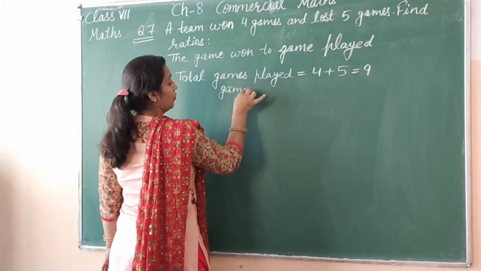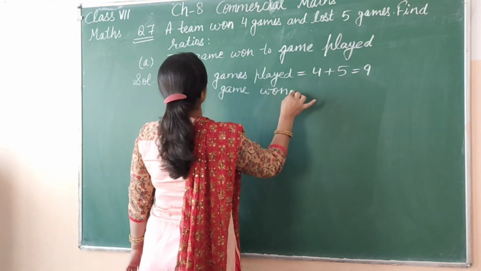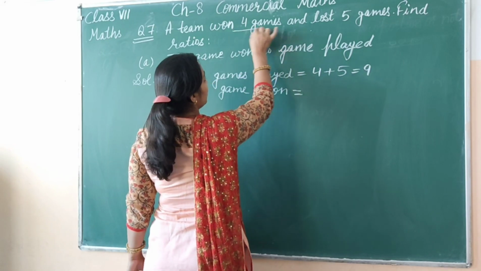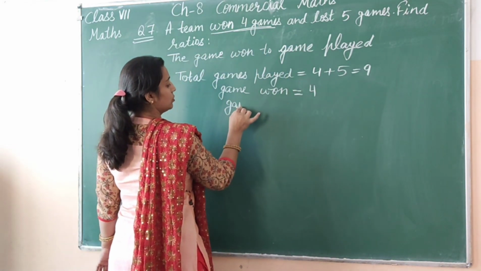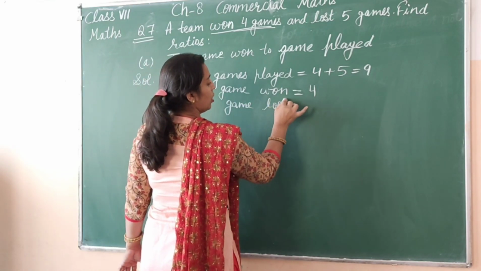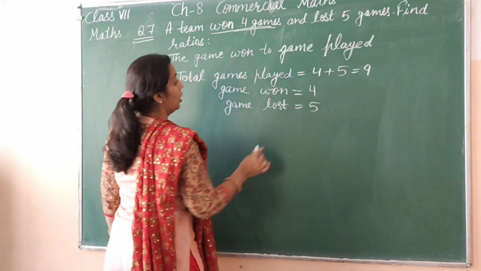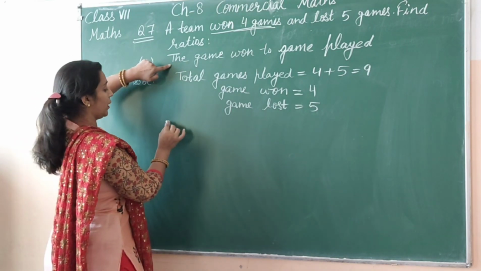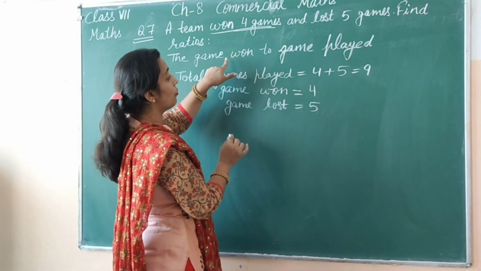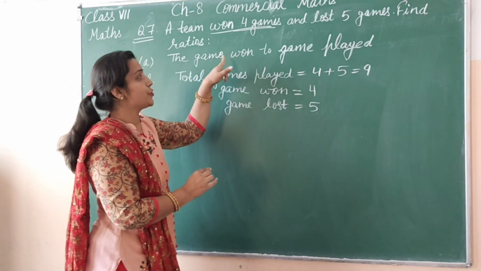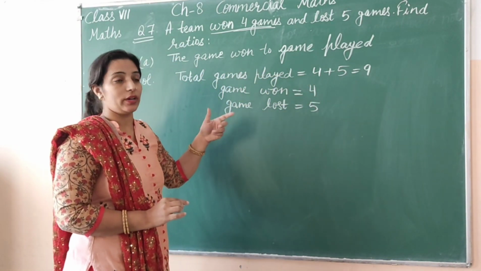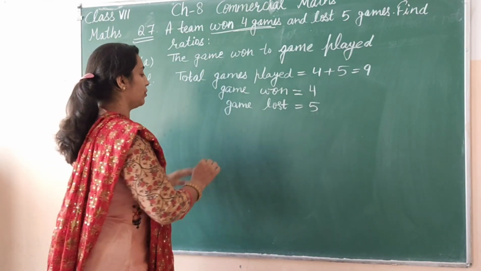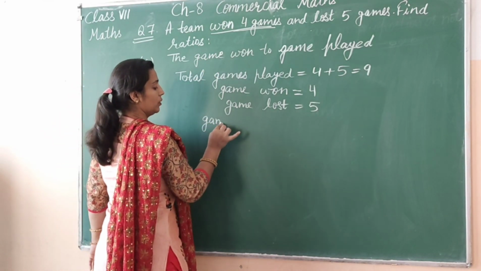Games won is equal to how many? Won 4 games. And games lost? How many lost? 5. Now in part A we have to find the ratio of games won to games played. We do not have to change the order; whichever is written first, we will write first.